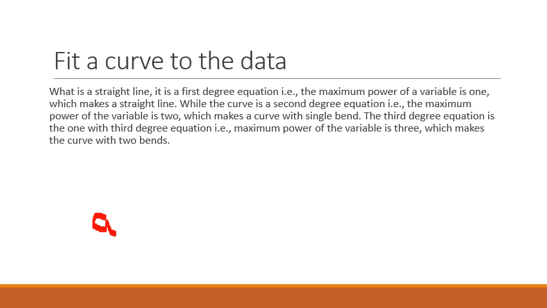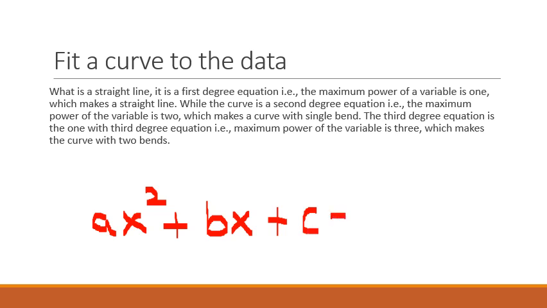a x square plus bx plus c is equal to 0. Now, this is the second degree equation.